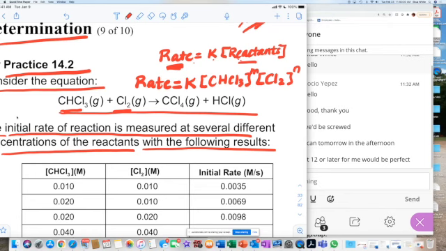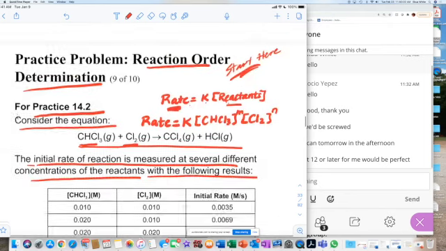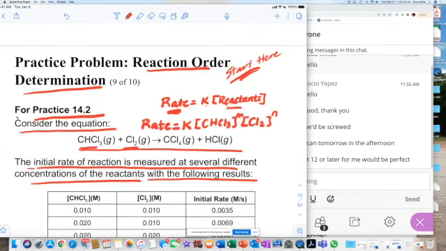Okay, I haven't done the work though. I'm going to be doing the work like it says here. Find the reaction order. I'm going to do the work to figure out what m is and figure out what n is. Once I figure those out and I plug them back into this equation right here, then I get my real rate law. So this is kind of like a placeholder equation, right? Rate law until I get the real one.